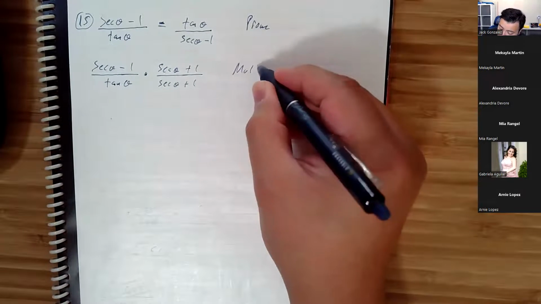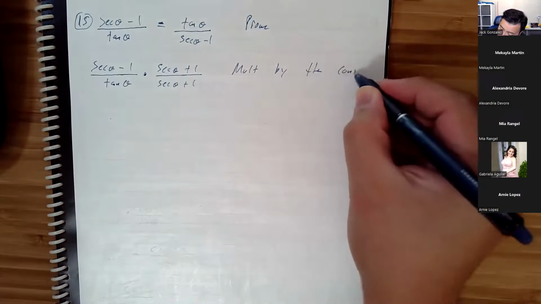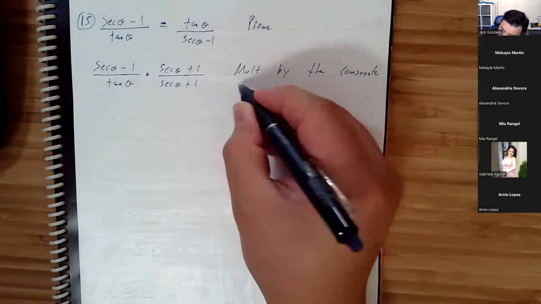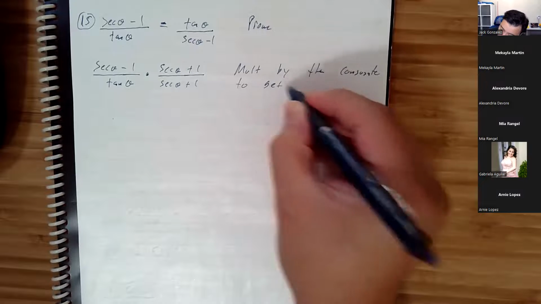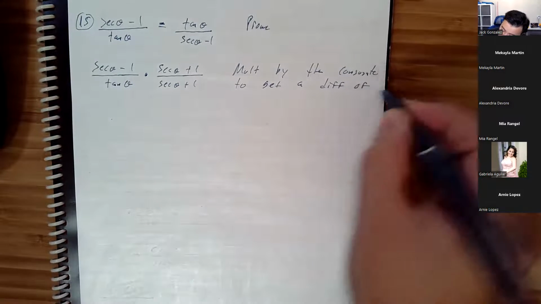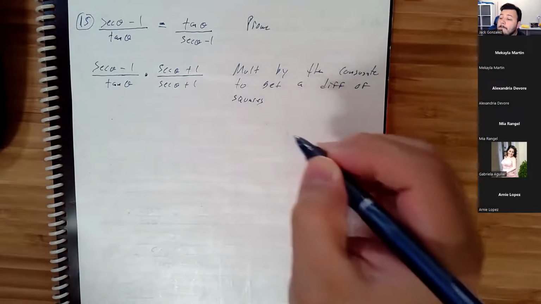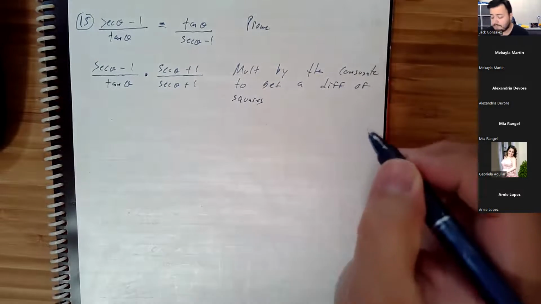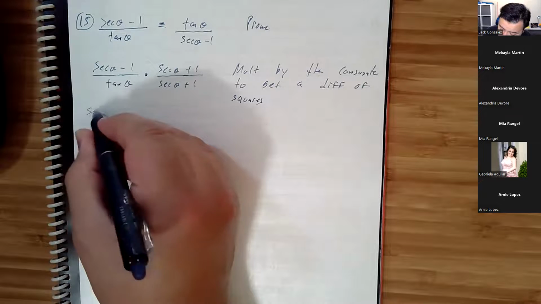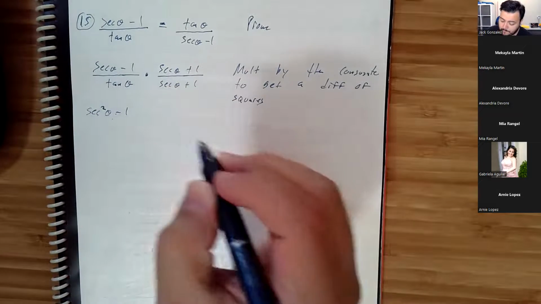So multiply by the conjugate to get a difference of squares. Okay, so we're going to get secant squared theta minus 1.